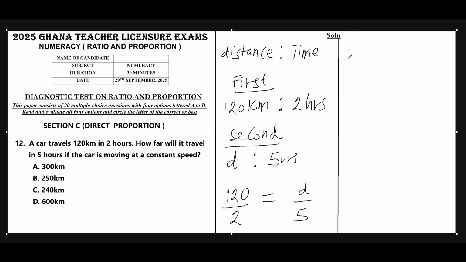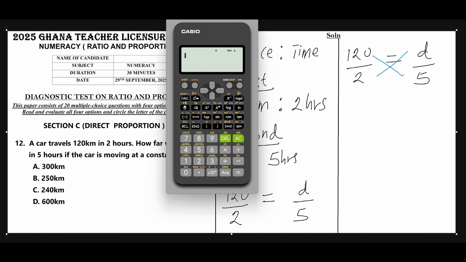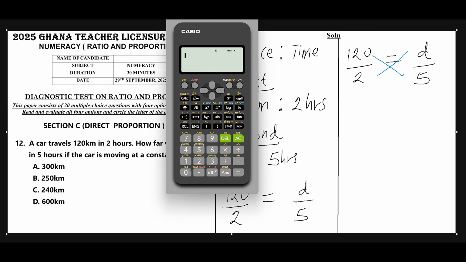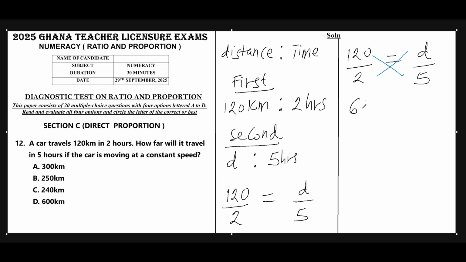So we have 120 out of 2 being equal to D out of 5. Since we are looking for D, we can cross multiply. So we have 120 multiplied by 5. Let's see the results. So that gives us 600.